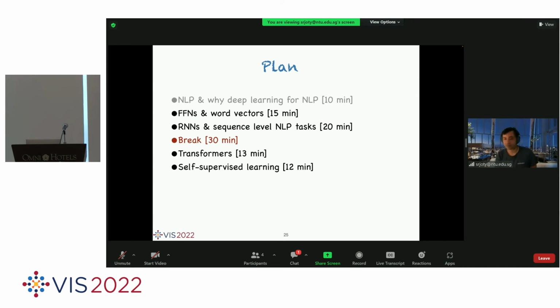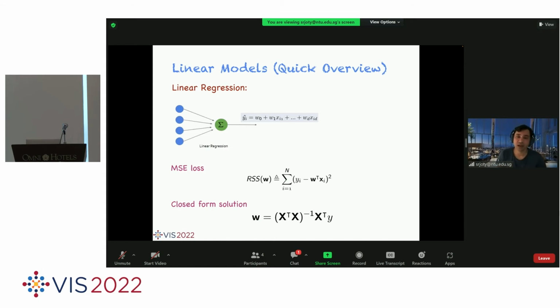Okay, just a quick recap. Here I would assume that the audience knows a bit about linear models like linear regression and logistic regression, so I'll not be spending time on that, but rather do a quick recap. In linear regression, our goal is to predict a continuous valued output.